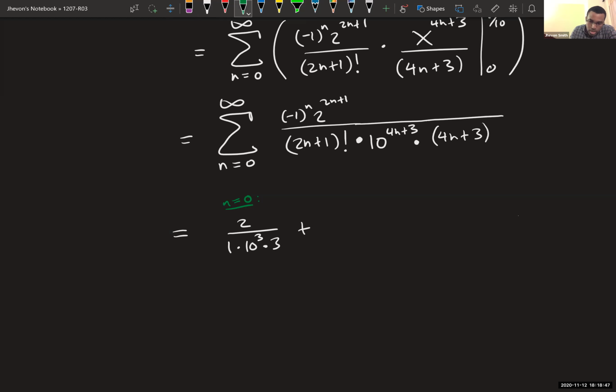Plus, if I plug in n equals 1, I would get minus 2 cubed over 3 factorial times 10 to the 7 times 7.